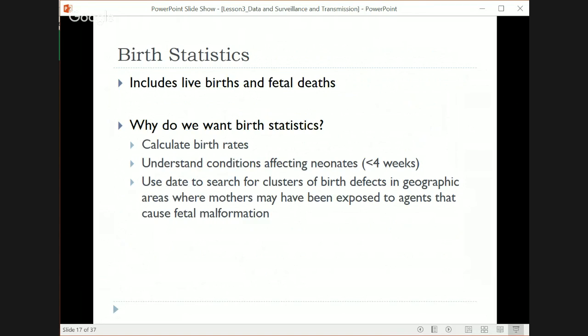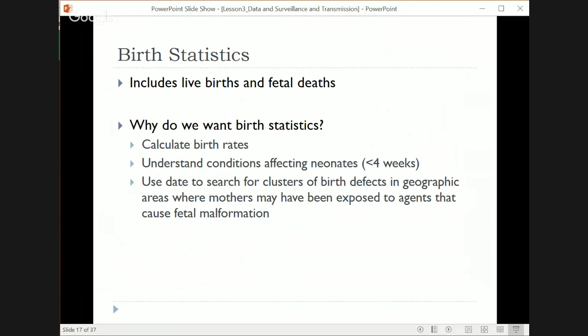Mostly to calculate birth rates, to understand how quickly the population is growing and changing, and also to understand conditions that affect neonates, those less than 4 weeks old. We also use the data to search for clusters of birth defects in geographic areas, and for fetal deaths, where mothers may have been exposed to agents that might cause fetal malformation, like carcinogens or toxins. Tracking fetal deaths is useful if we're looking for clusters.